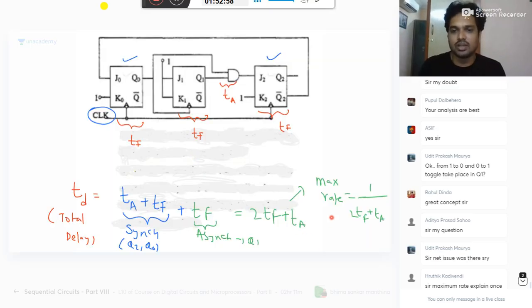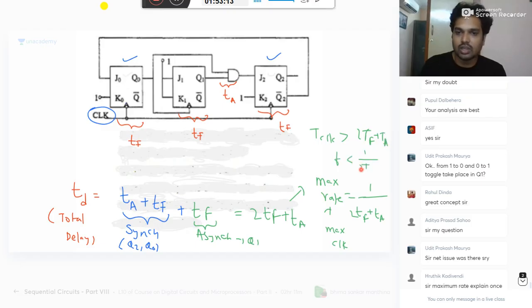Maximum rate is nothing but maximum frequency. Your time period should be greater than 2TF plus TA. So frequency should be less than 1 by 2TF plus TA. That is the maximum rate.